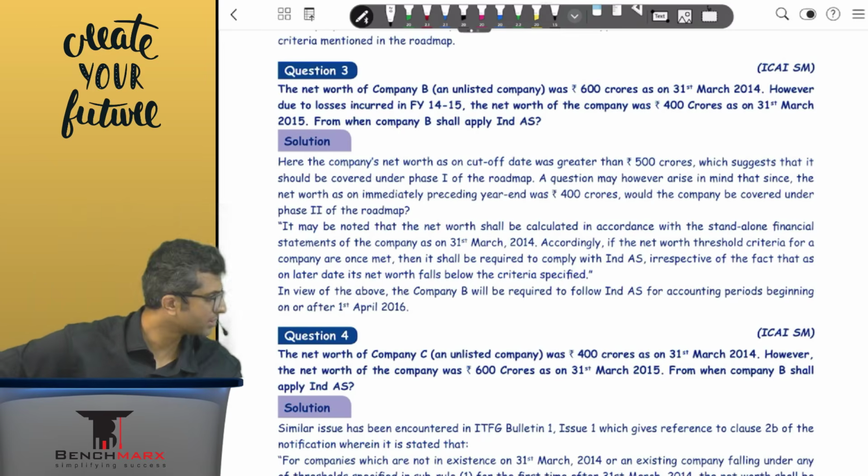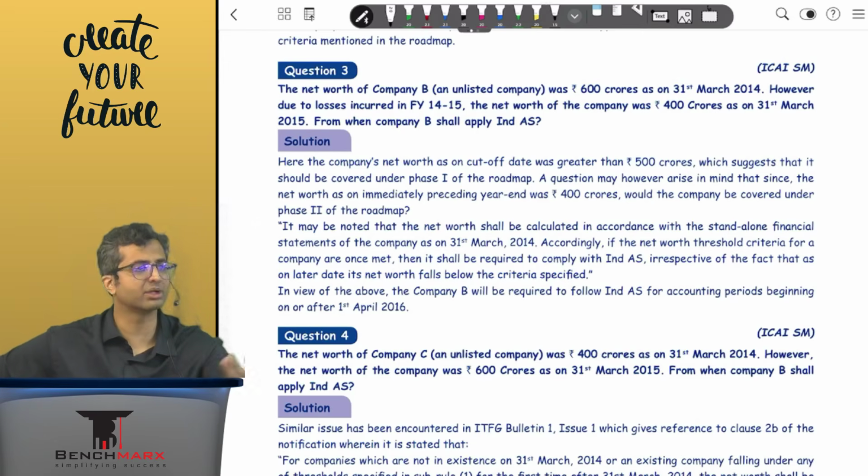We don't have that data. So we are just giving a statement that Ind AS will not apply neither in 17-18 nor in 16-17.